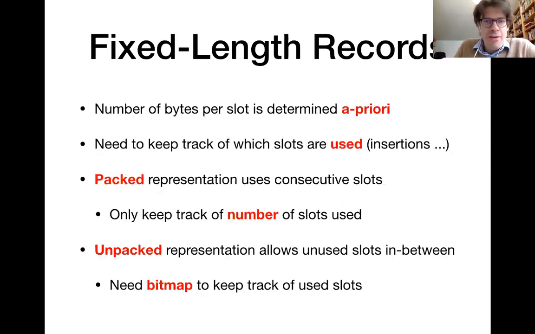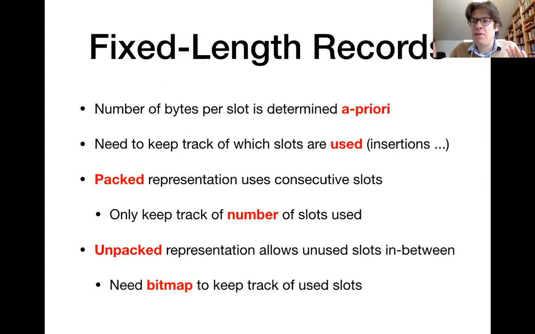Now, we're gonna start with the easy case, which means that we need the same amount of storage in order to store each row in the table. So we can tell you a priori how many bytes we need per row. In this case, we can essentially just uniformly partition the space on that page into slots that are just large enough to store one of those rows in your relation.